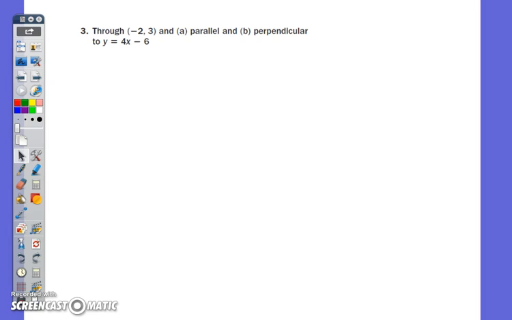About parallel and perpendicular lines one more time. Things to remember. Parallel lines have exactly the same slope. What about perpendicular lines?